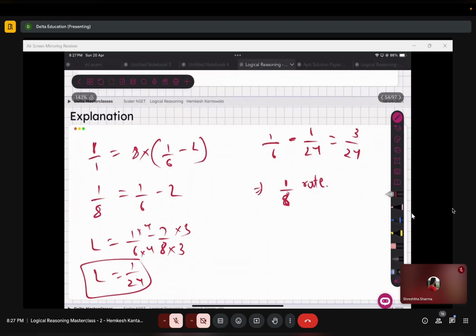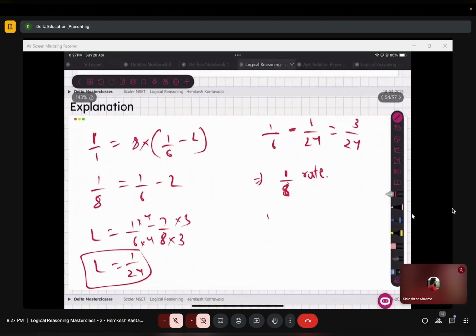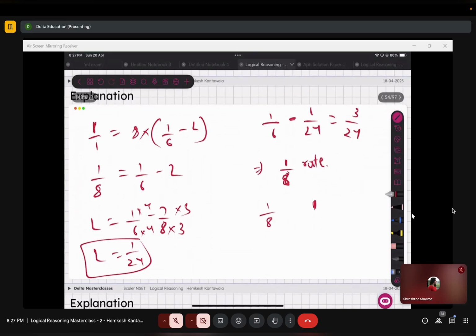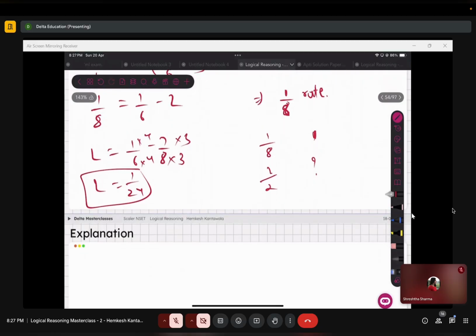So if 1 by 8 part was filled in 1 hour, then in how many hours would half the tank be filled? We could easily use the unitary method: 1 by 2 divided by 1 by 8 gives us 8 by 2, which is 4 hours, correct? So in 4 hours, with leakage, half of the tank would be filled, correct?